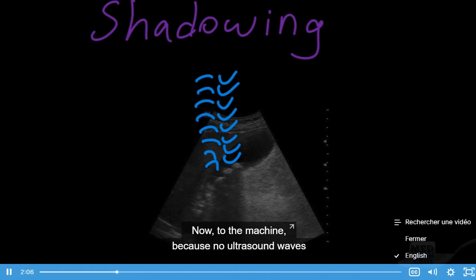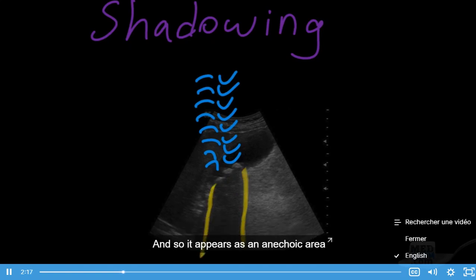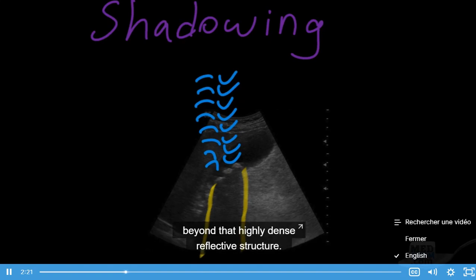Now, because no ultrasound waves are transmitted through, to the machine there's nothing beyond there. And so it appears as an anechoic area beyond that highly dense reflective structure. And this is called shadowing, as if there is a curtain or a shadow beyond the reflective structure.